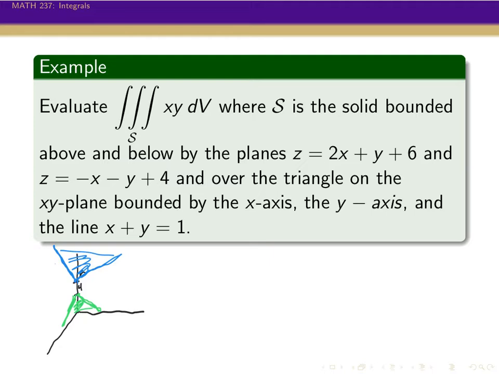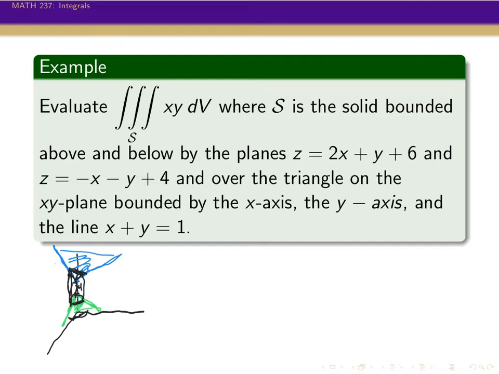And then it said this is all happening over the region between the x-axis, the y-axis, and x plus y equals 1. So x plus y equals 1 is going to cut this out here. And so you can kind of imagine that we have this sloping down here. So it looks kind of like a triangular prism, but the top and bottom are not cut straight.